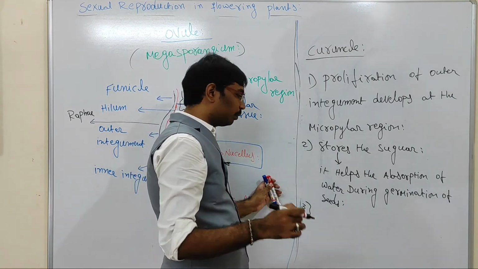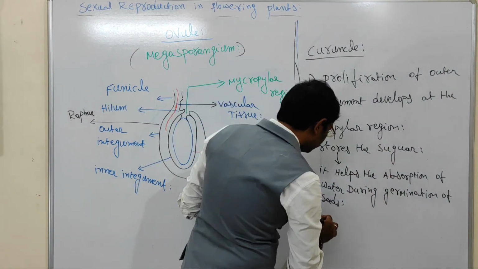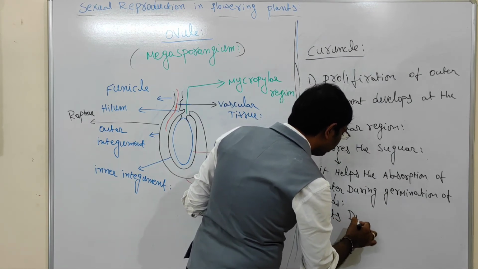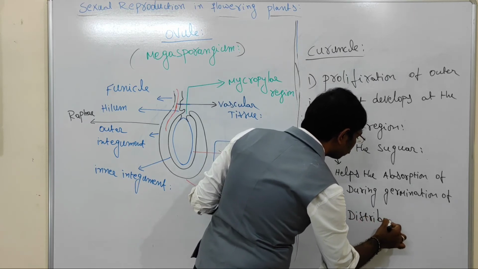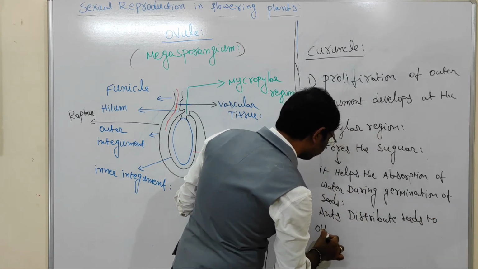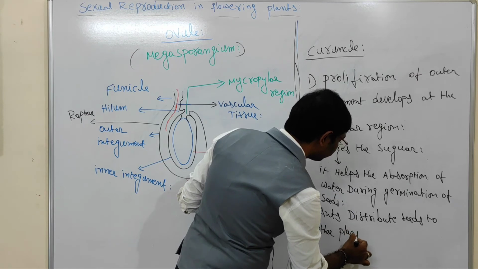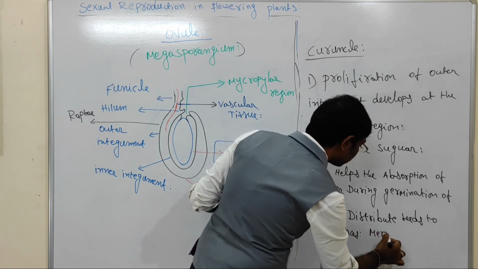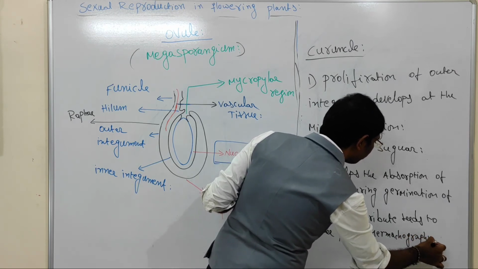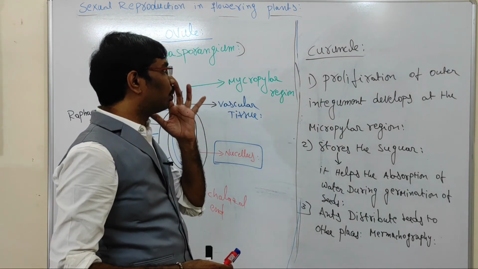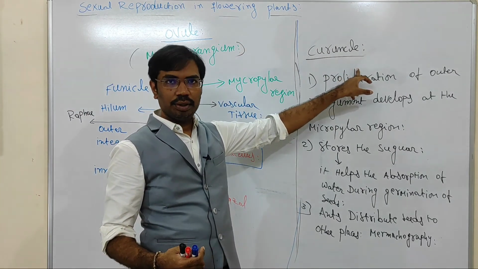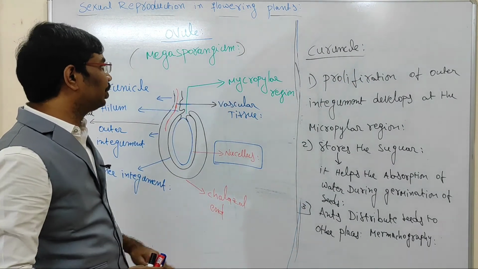That is called myrmecochory. So these are the points related to the caruncle, which is also a special type of integument. This is the information about the integument.